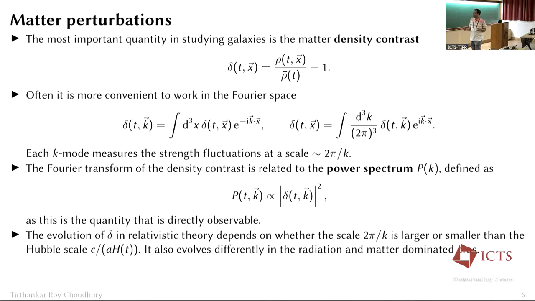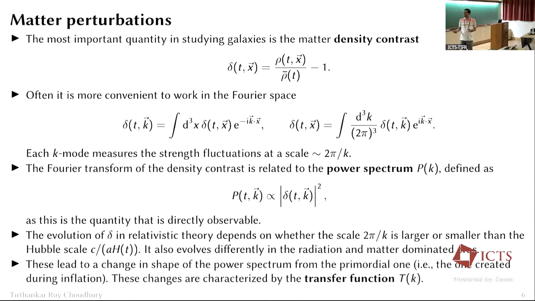So it will depend whether the scale is larger or smaller than the Hubble radius. It will also evolve differently depending on whether you are in radiation dominated era or matter dominated era. So all these differences lead to a change in shape of the power spectrum from the primordial one.